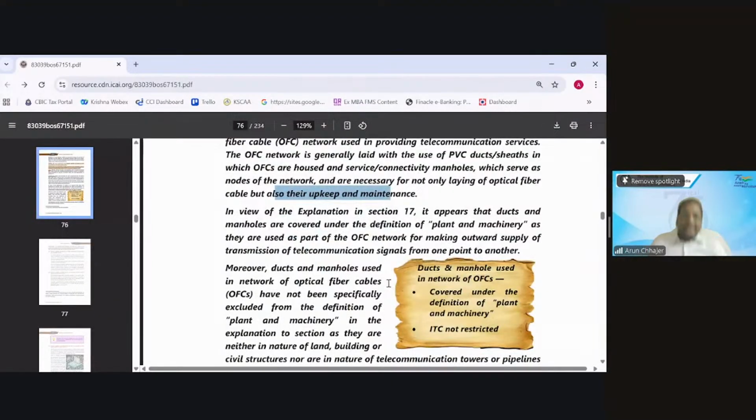In view of this explanation, it appears that duct and manholes are covered in plant and machinery, as they are used as a part of the OFC network for making outward supply, the transmission of telecommunication signals from one point to another point.